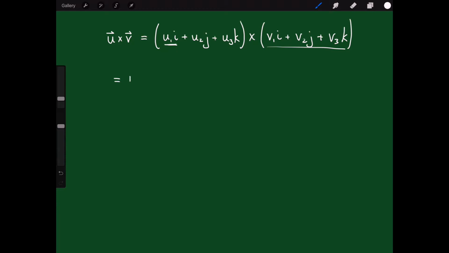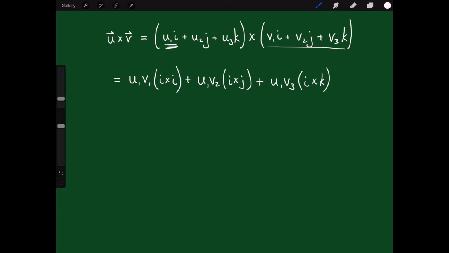So I get u1 v1 times i cross i, plus u1 v2 times i cross j, plus u1 v3 times i cross k. All right, so that's everything that has to do with u1 i.